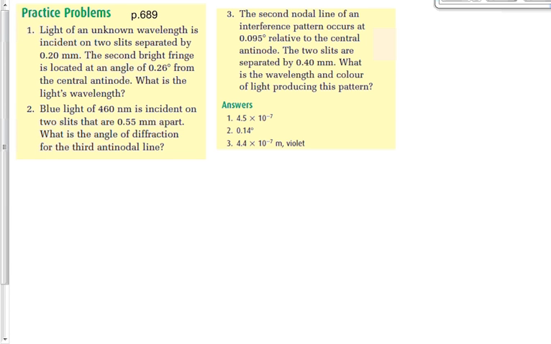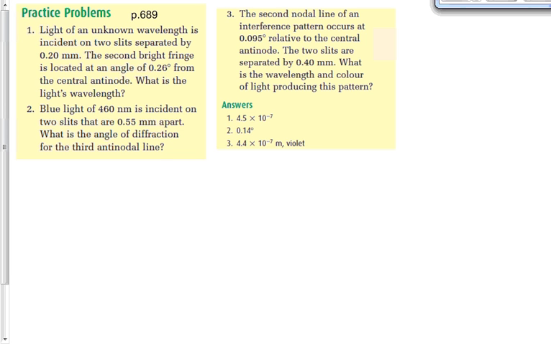If you're dealing with an antinode, whole numbers. Nodes, you're dealing with 0.5s. So pay attention to that. If you see the word node or dark spot or destructive interference, something like that, minimum, then circle it in red. All right, let's give these a whirl and then we'll take a look at them in a few minutes.